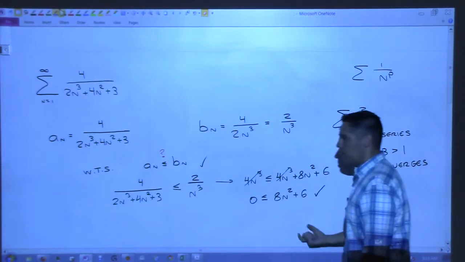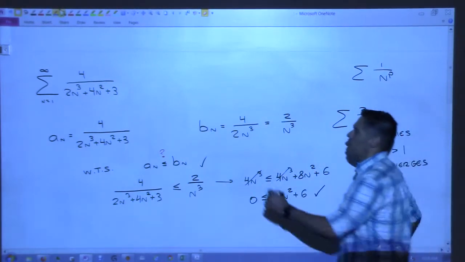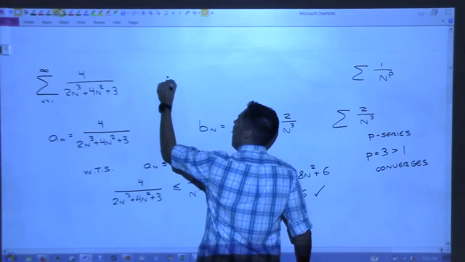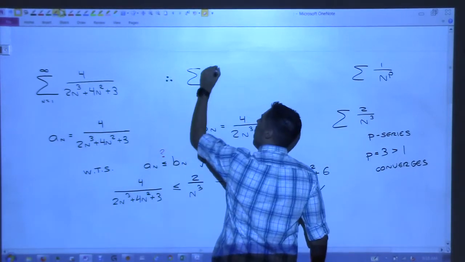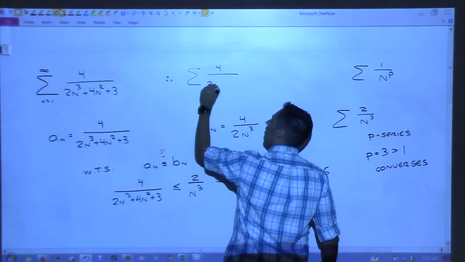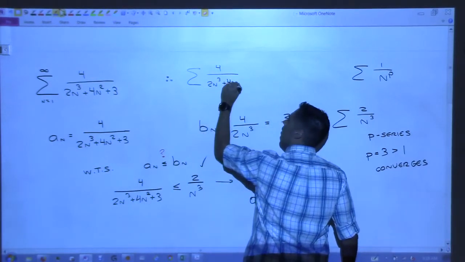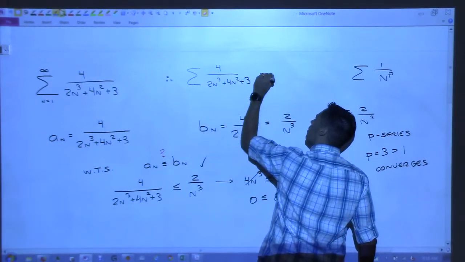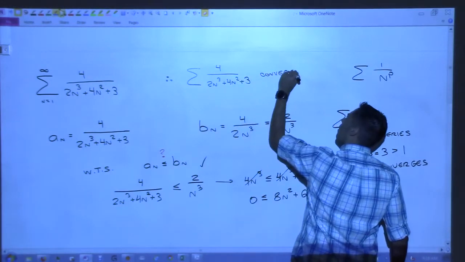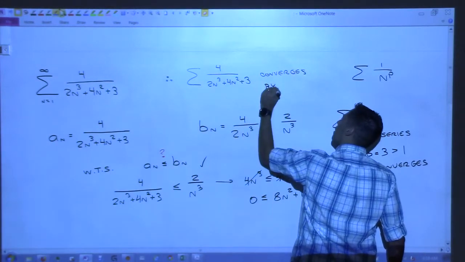We've shown that it holds, and therefore we're done. So what we can say is, therefore, that the series 4 over 2n cubed plus 4n squared plus 3 converges by the comparison test.